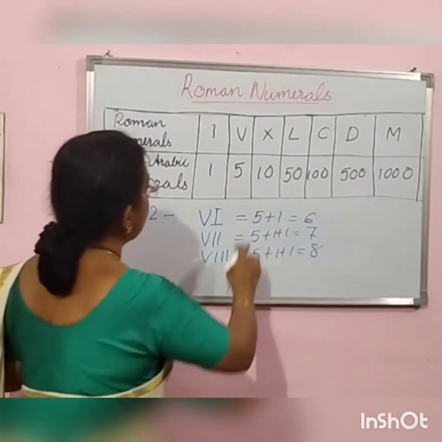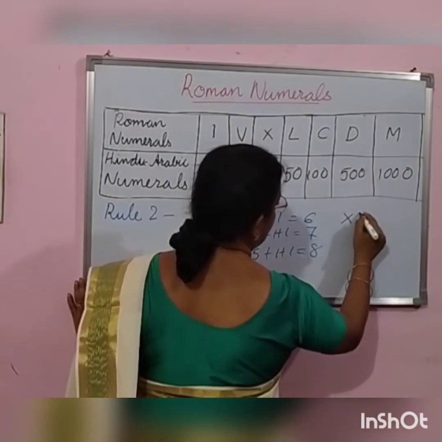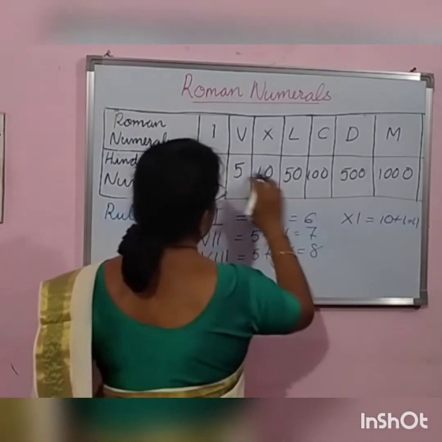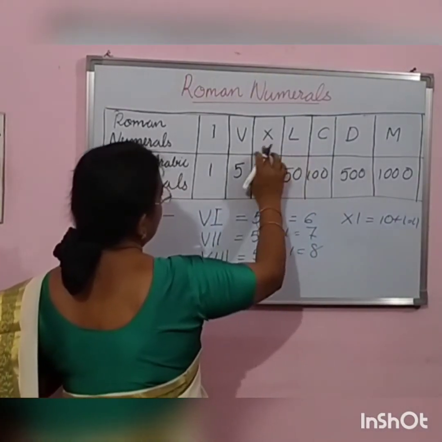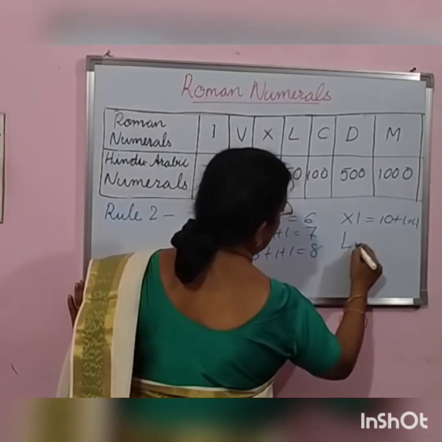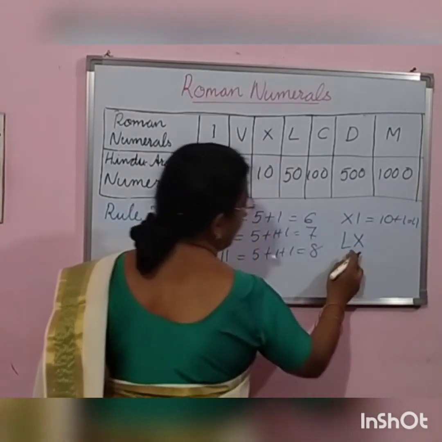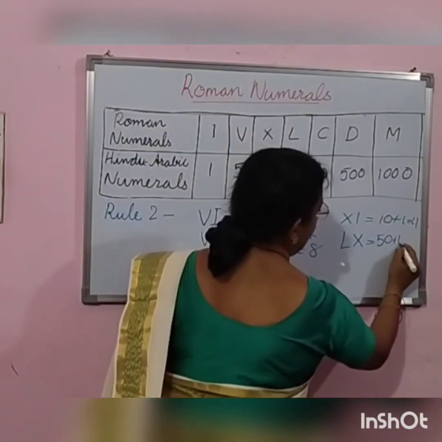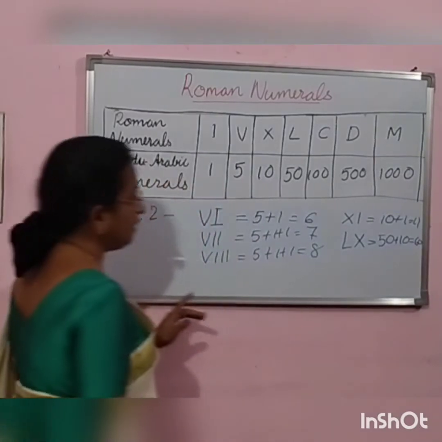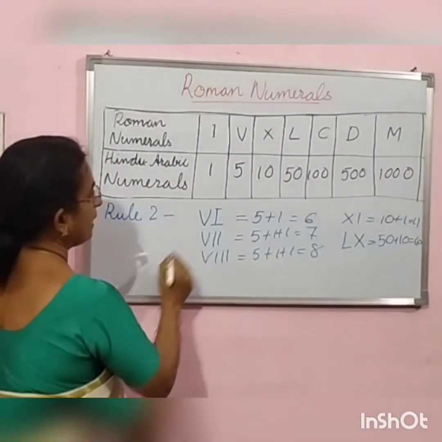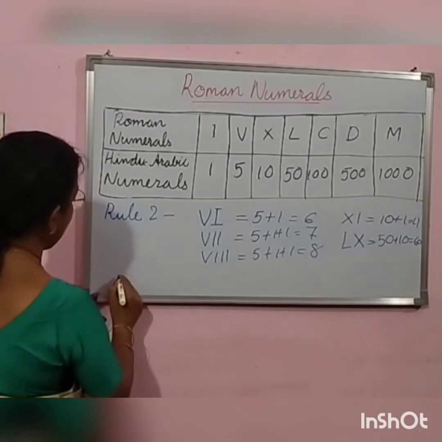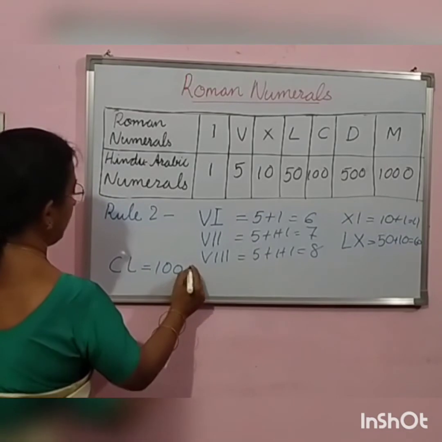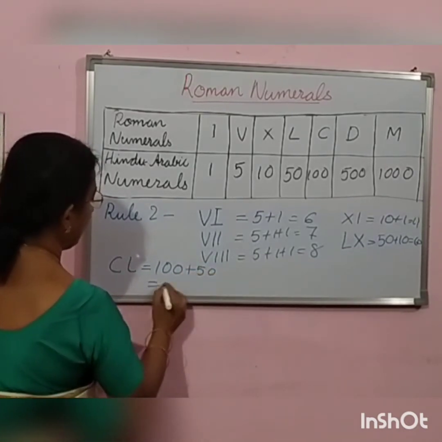The same as X and I: that is 10 plus 1, 11. Then X after L, that is 50 plus 10, 60. Then C and L: C means 100 plus L 50, that is 150.